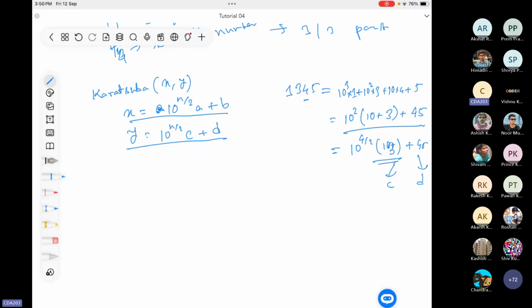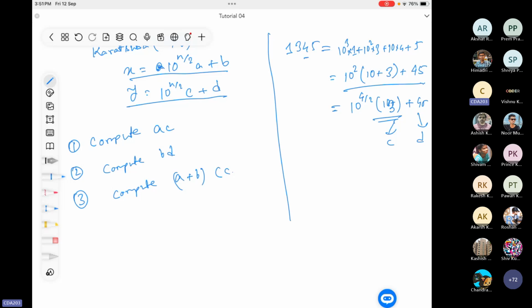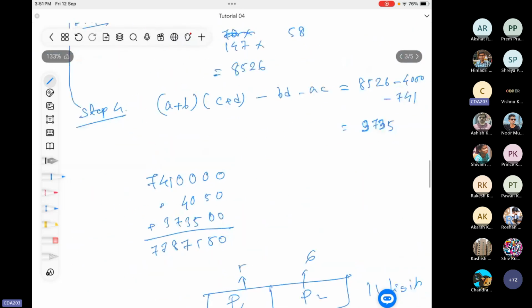So we can write it in this way. Now what our algorithm does is: this is not part of the algorithm, compute AC, compute BD, compute A plus B, C plus D.